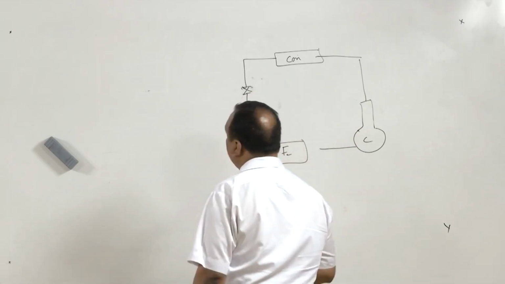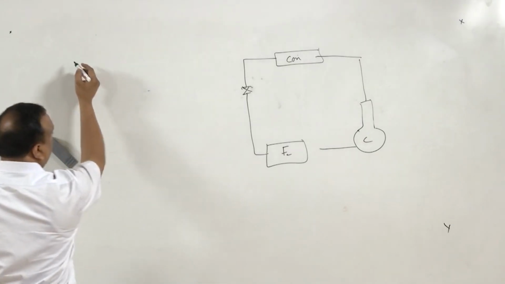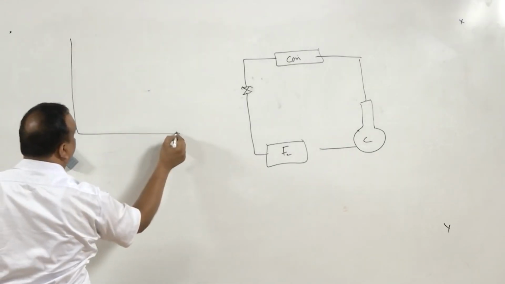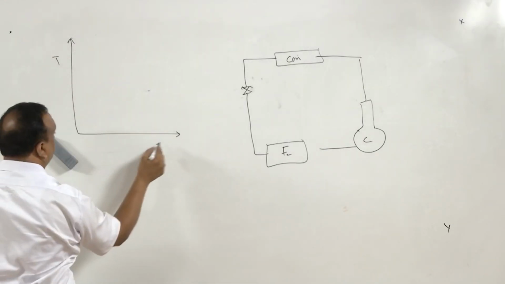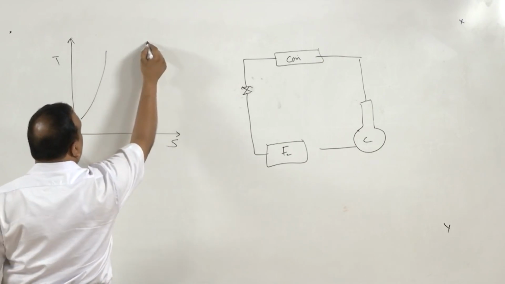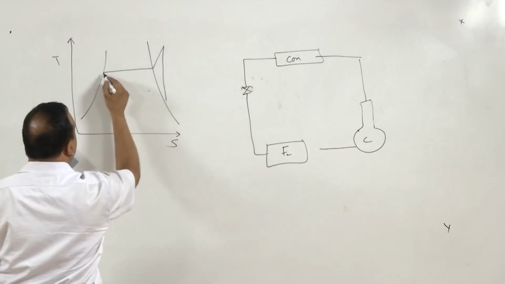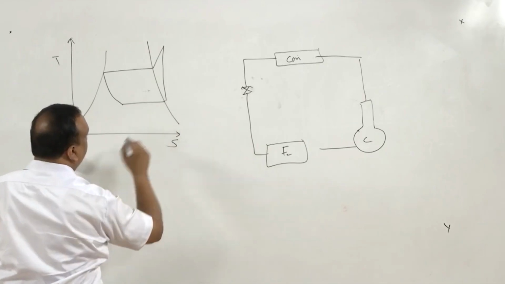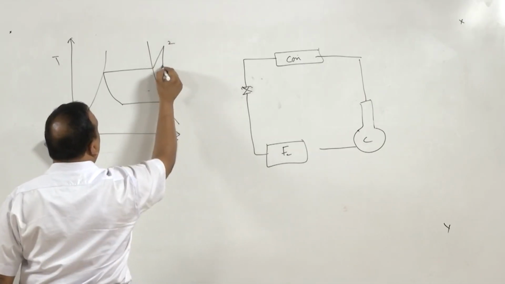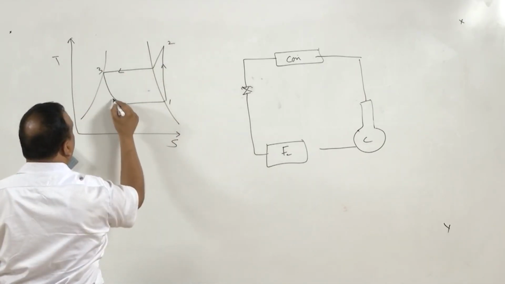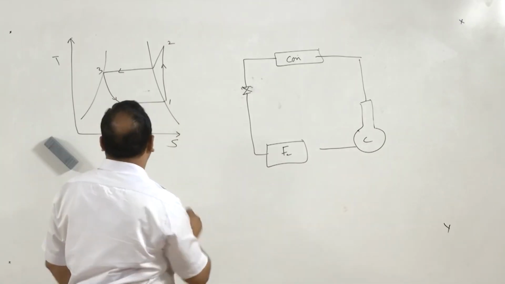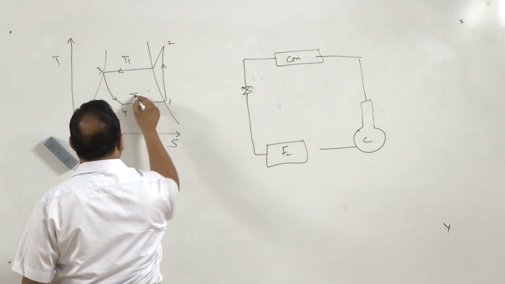From the expansion valve to the evaporator. If we depict this process on a temperature entropy diagram, it is going to be like this. So, 1, 2, 3 and 4, and this is temperature T1 and this is temperature T2.